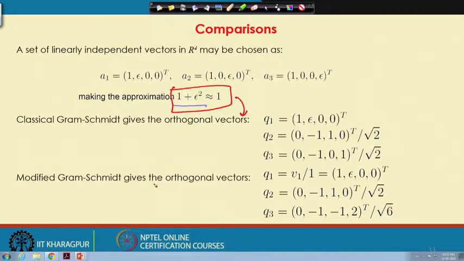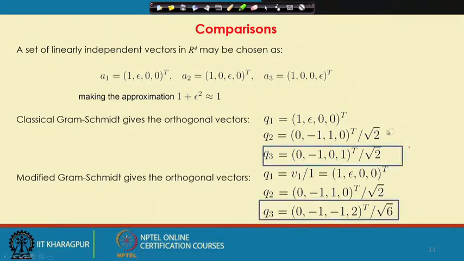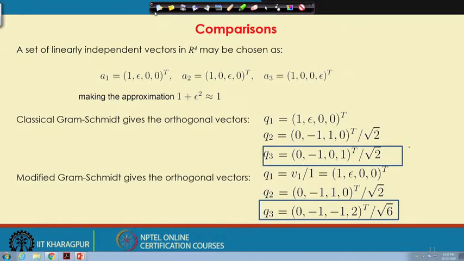So, the solution is actually very straightforward. These are the different values of Q3 we are getting in Gram-Schmidt and modified Gram-Schmidt methods.